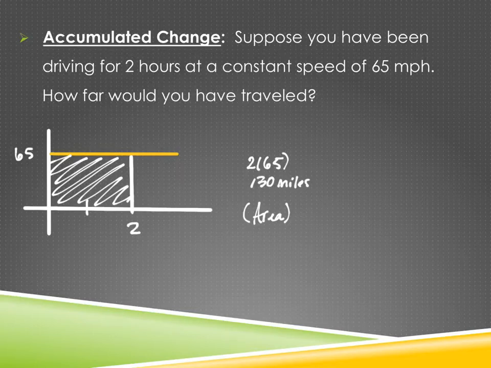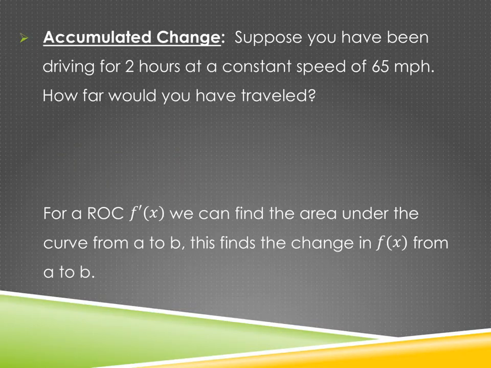So, I can't remember if I wrote this down or not. Oh, here it is. So for a rate of change in this idea, that's what the speed that you were driving is. It's a rate of change. For a rate of change function f prime of x, we can find the area under the curve from A to B. Ours was from 0 to 2 for 2 hours.